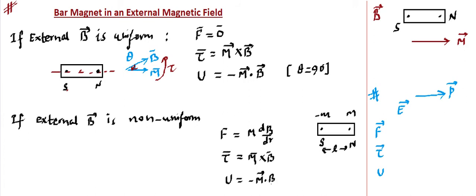Now in these last two formulas, at which point does the magnetic field have to be written, because the magnetic field is non-uniform, so it varies over space? We will write the magnetic field of the point which is at the center, because all the measurements are from the center.